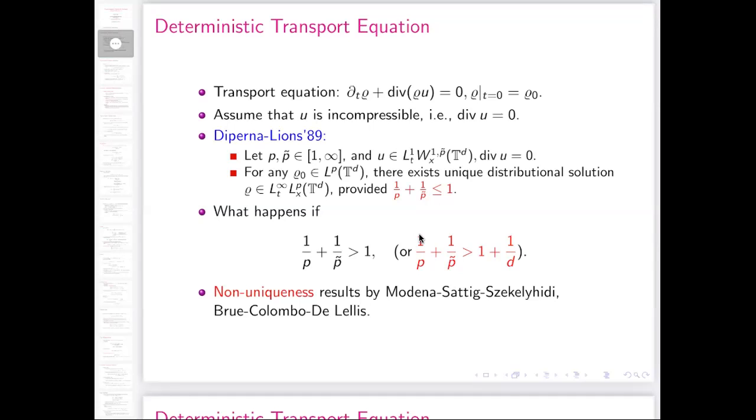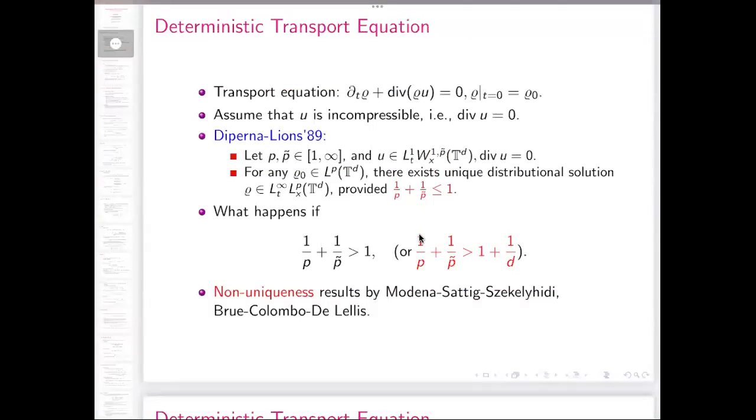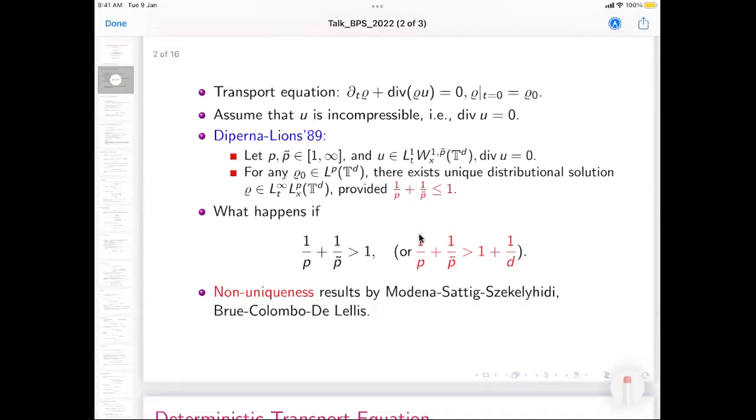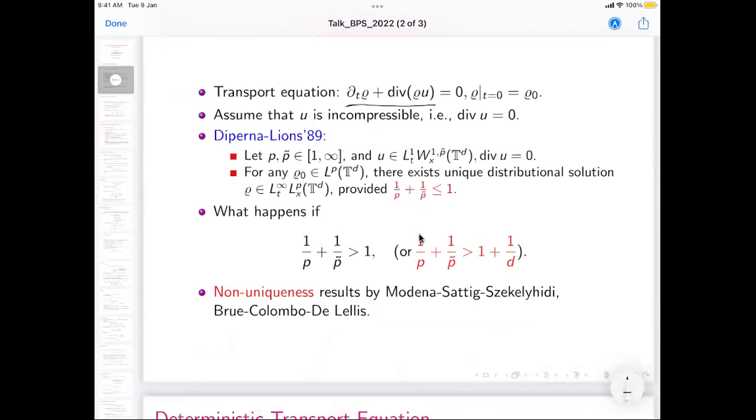Let me say a few things about this, if you're not familiar with the transport equation. First of all, if you look at the existence problem for this equation, that's very simple. Given u, this is a linear PDE in rho.